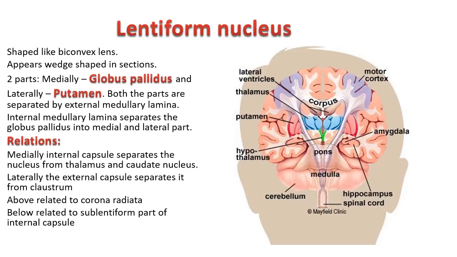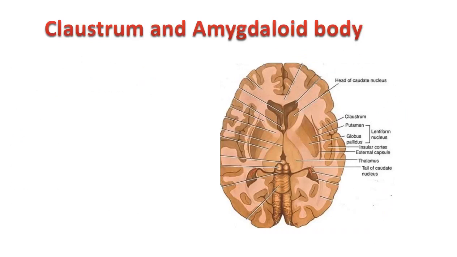The claustrum is separated from the lentiform nucleus by the external capsule. Here you can see the lentiform nucleus, and that is the claustrum, and between these two is the external capsule.